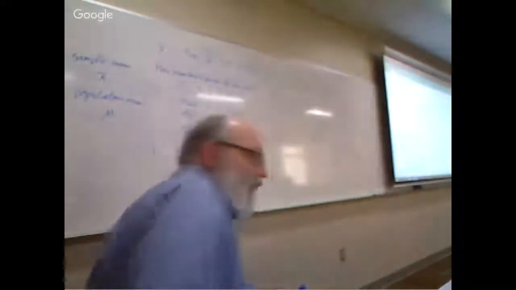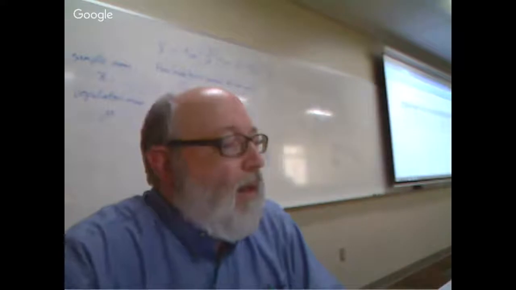Now I want you to look on your tables that I gave to you. Table F as in Frank. This is the T distribution. The T distribution is different, but I'll show you how to do the T distribution.